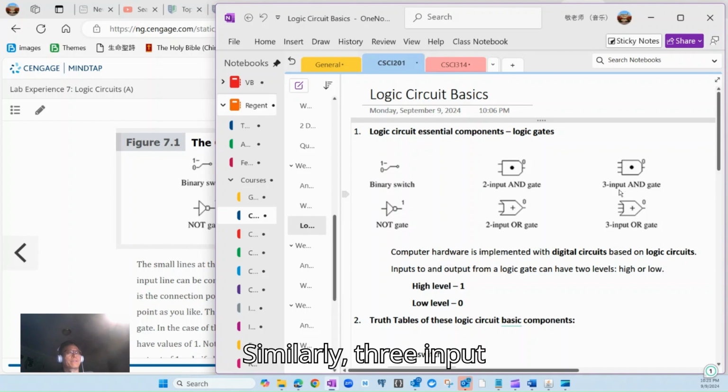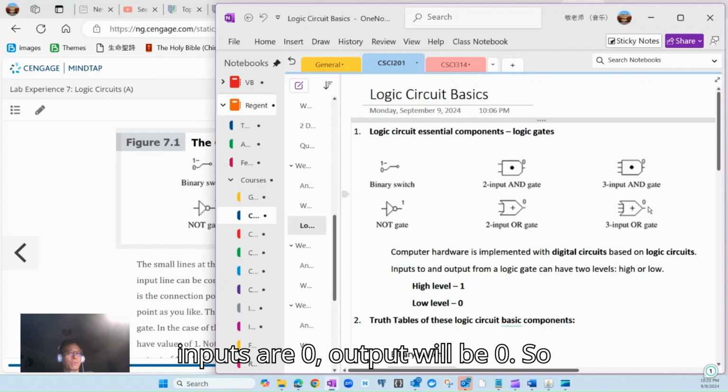Similarly, for the 3-input AND gate, when all 3 inputs are 1, the output is 1. When any input is 0, the output will be 0. For the 3-input OR gate, when any input is 1, the output will be 1. Otherwise, when all the inputs are 0, the output will be 0.